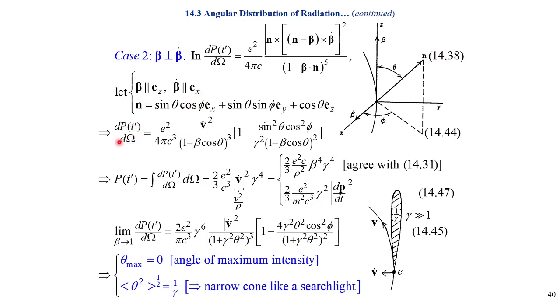The P_t prime d omega just equals this one. Just write it down. And after we integrate over all angles, we find this one. The P_t prime equals 2 over 3 e squared over c cubed, v dot squared, and gamma to the fourth.